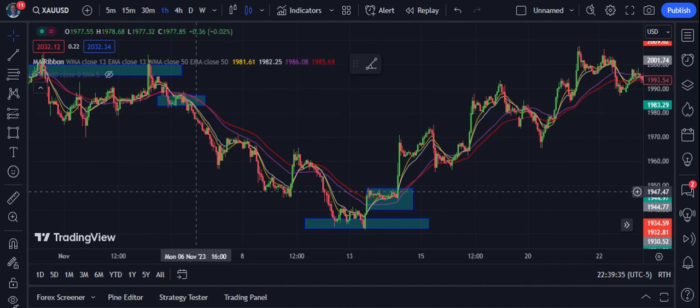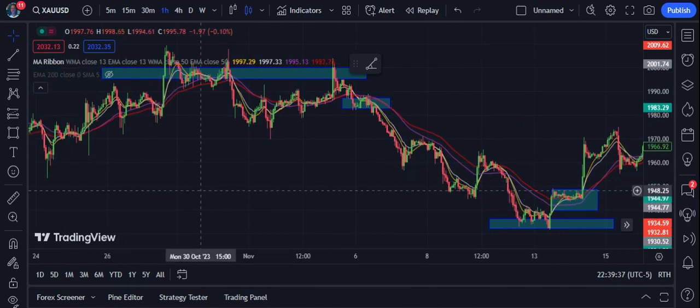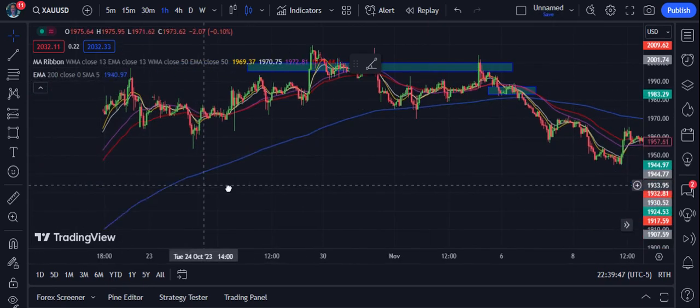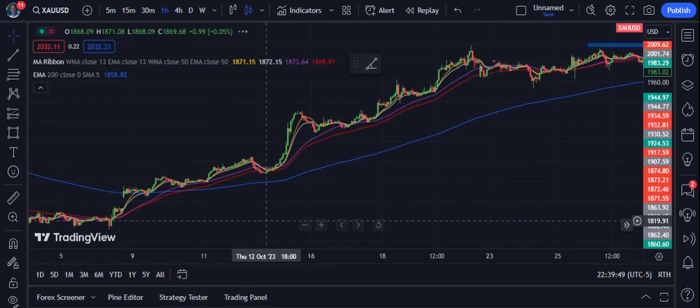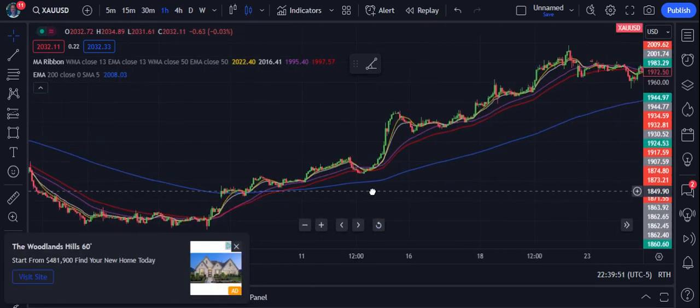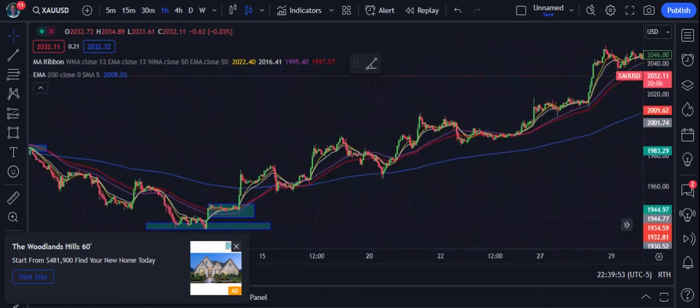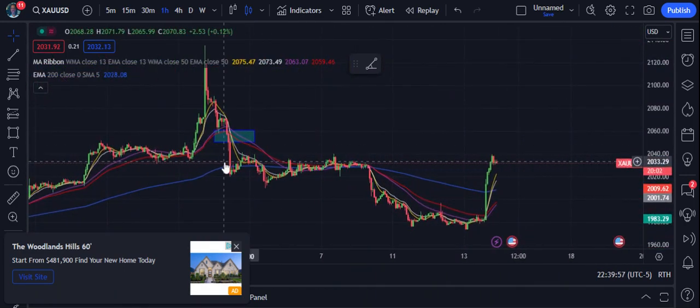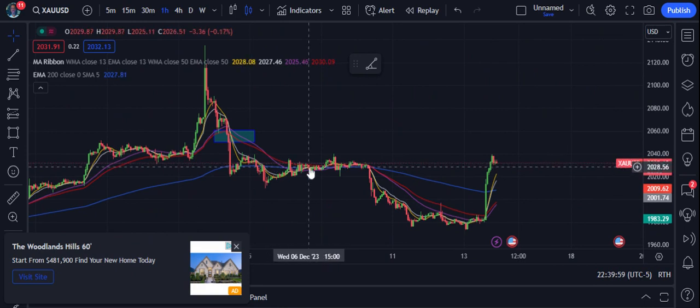And sometimes there are consolidating markets. How I would identify consolidating markets, which are sideways markets, I'm going to show you guys a pretty good example. One happened here. In this type of market, you see this is going sideways.